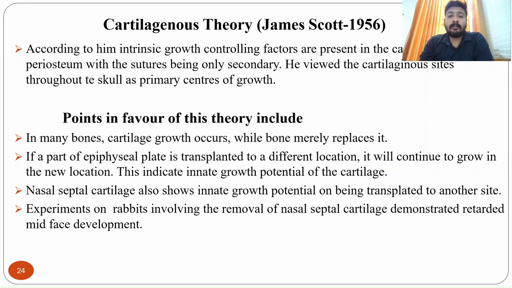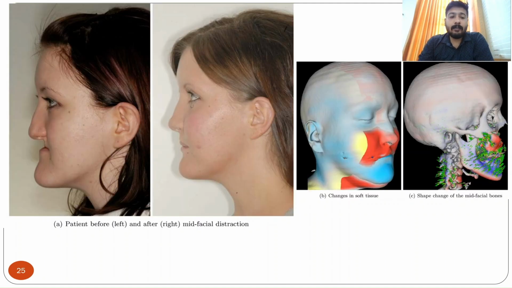There was a lot of support for this theory, because cartilage always had growth ability in it, and when you removed it, growth did not occur properly in those sites. This is an example where the patient on the left shows a midface deficiency. This could happen due to a cartilaginous defect that could have happened earlier.